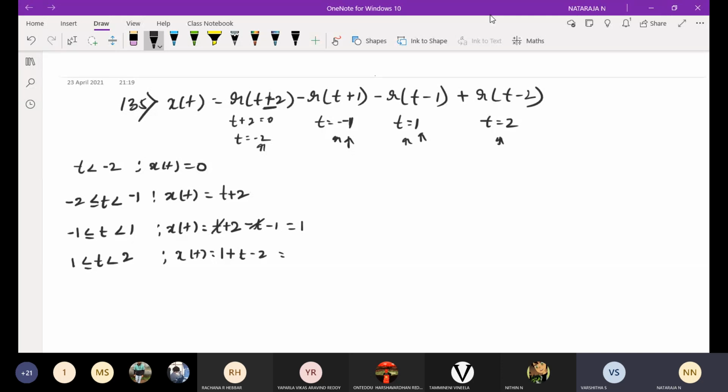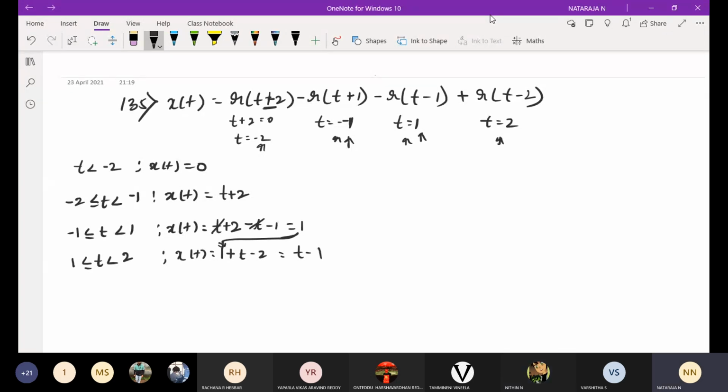t minus 1. Already 1 plus t minus 2. 1 minus 2, what is the value? t minus 1, so you will get minus. Sir, but I took 1 minus of t minus 1 here.